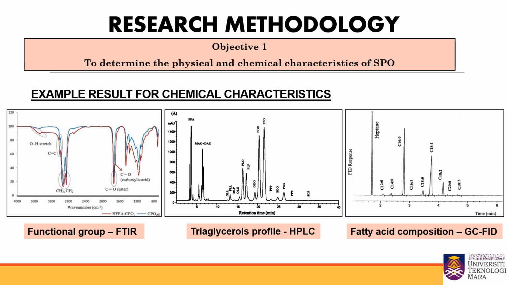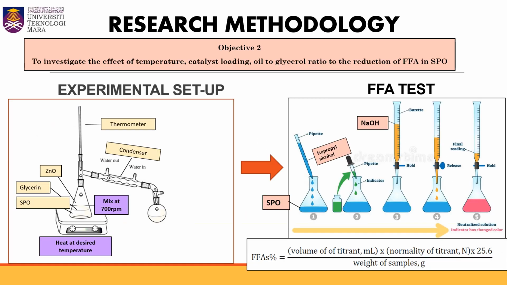Okay, the first objective. So this is the example result for the chemical characteristic. This is the research methodology for objective 2, which is the experimental setup. Like this, we will heat up the mixture of the glycerol, the oil, and the zinc oxide also, and the condenser is to make sure that hydrolysis will not occur.